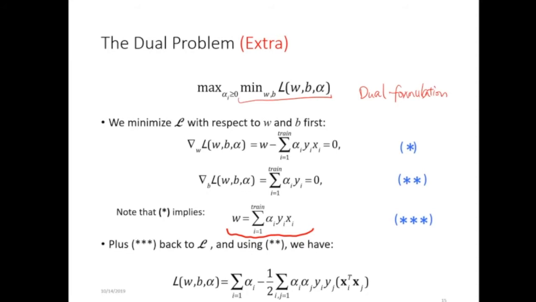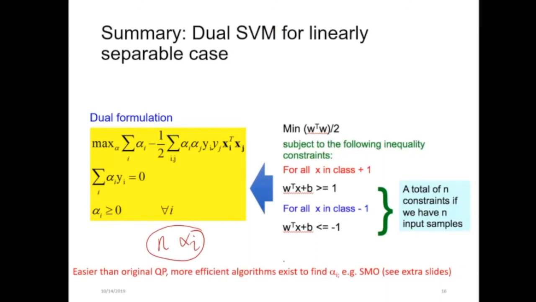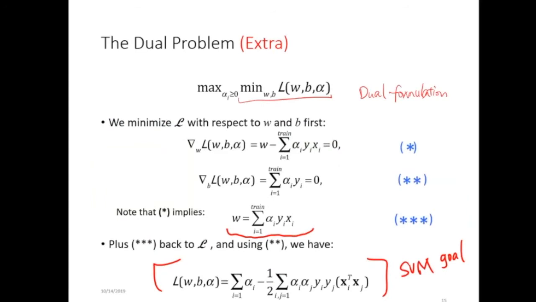Then you substitute the W and the B into the whole loss function, and this is a new objective function you get. This is actually the basic SVM loss, the scoring function. It's a little complicated, I understand. Look at this, right?